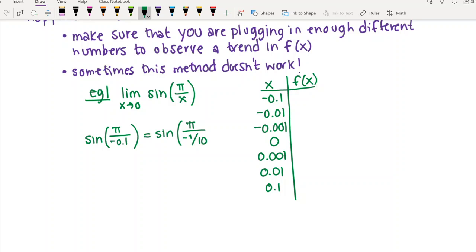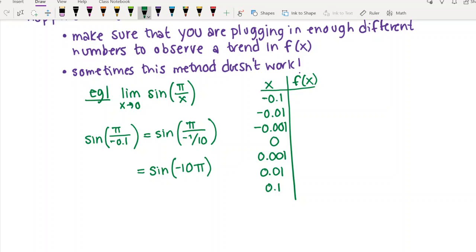That's how you write 0.1 as a fraction. And then -1/10, well, if you're dividing by -1/10, that's actually the same thing as multiplying by 10, right? Because dividing by a fraction is the same as multiplying by the reciprocal of that fraction. So that means that the stuff inside of the sine, we could actually write as -10 times pi.